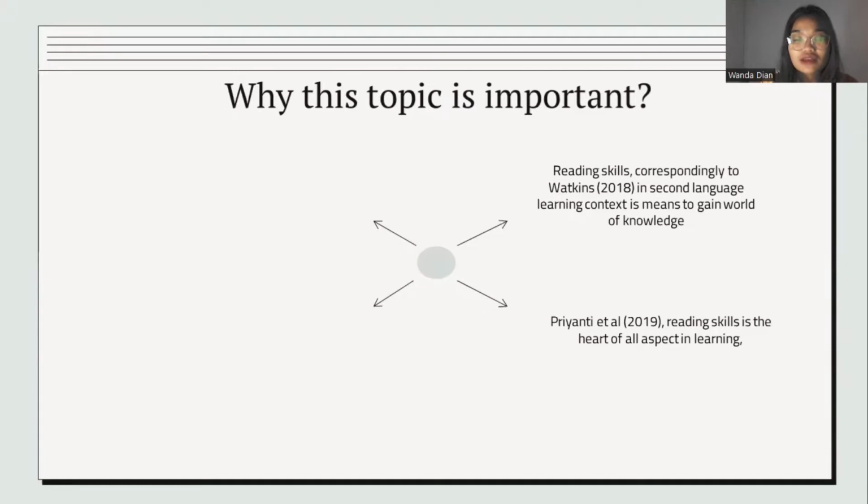Through reading, students will gain much knowledge, and it will help students' language acquisition as well. It will improve students' vocabulary bank. It will also make students more familiar with various types of writing style, and it will help students' language development.